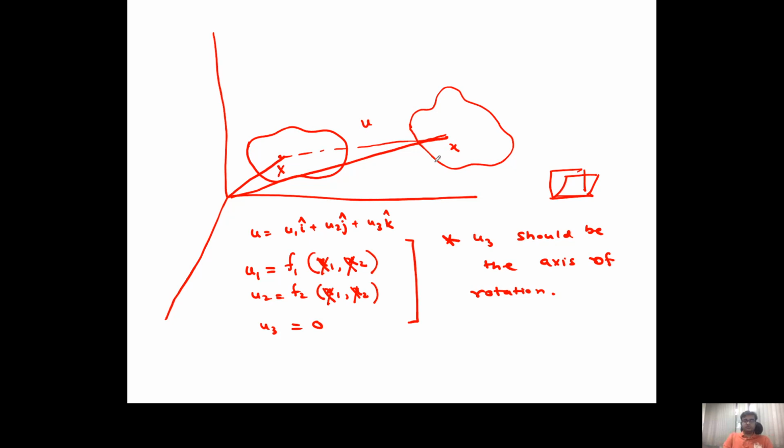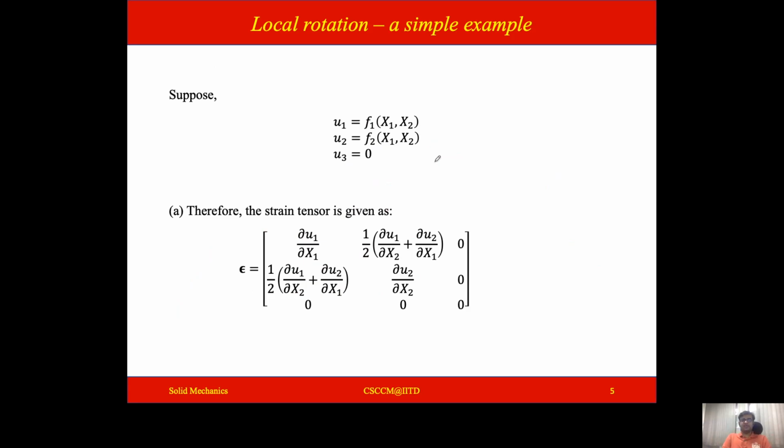Okay, so if that is the case, if u1 is f1 of x1 comma x2 and u2 is f2 of x1 comma x2 and u3 is equal to 0, then what will be my strain matrix? So the strain, or strain tensor, you can say. So the first term will be del u1 del x1, right?